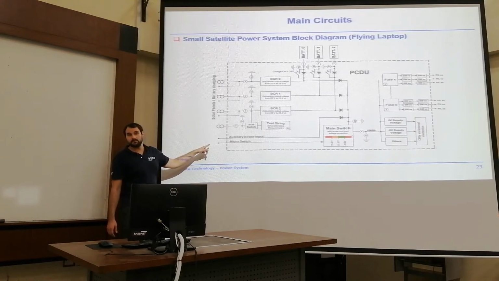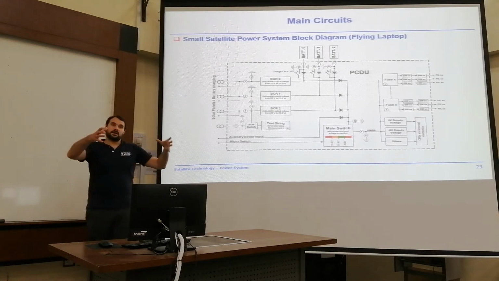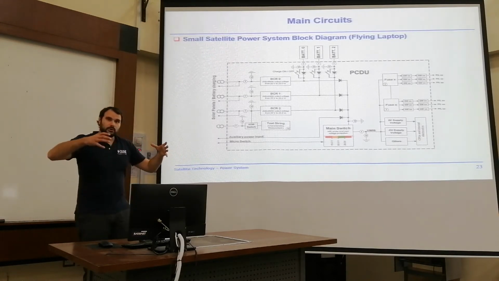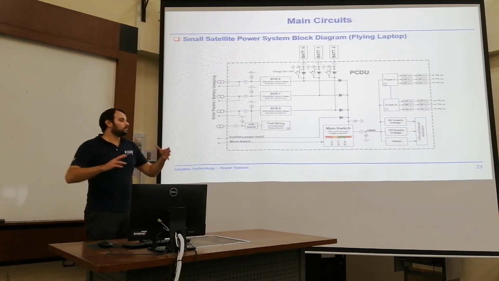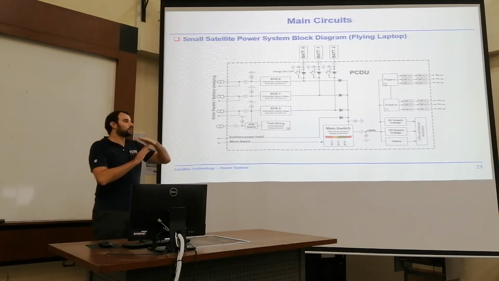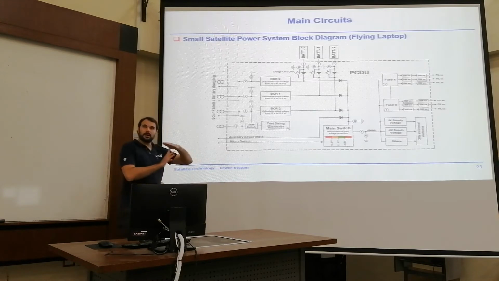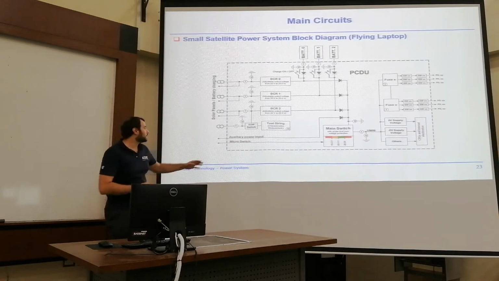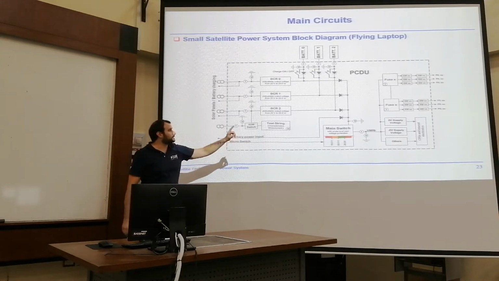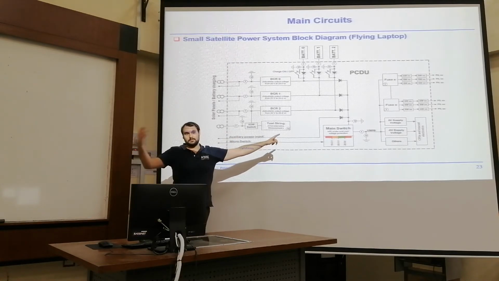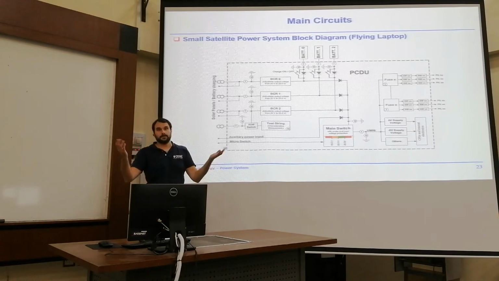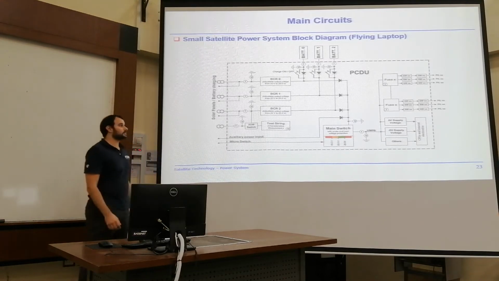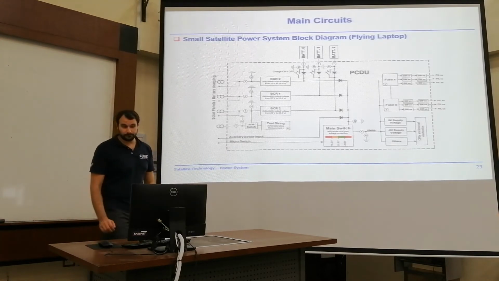Usually, when the satellite is placed on top of the rocket, you might have a connector that shorts the switch, and the moment the satellite is deployed in space, it opens this micro switch, the PCU starts providing power, and the satellite moves up. This is what you usually use this umbilical connector for.